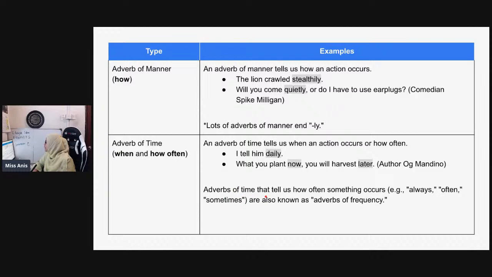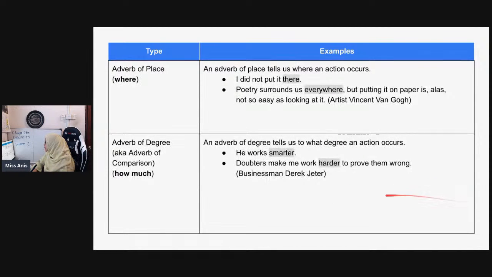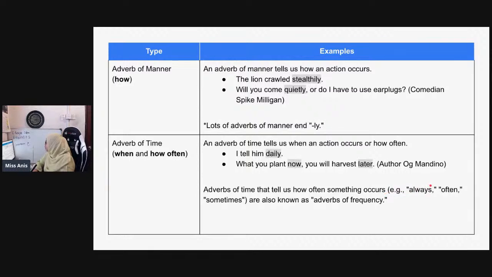Okay, so adverb of times ni, dia bagi tahu bila akan, okay, selalunya, kalau perkataan always, often, dengan sometimes ni nampak tak dia macam kita boleh cakap juga pasal adverbs of frequency. So how often ni pun kita boleh cakap adverbs of frequency.